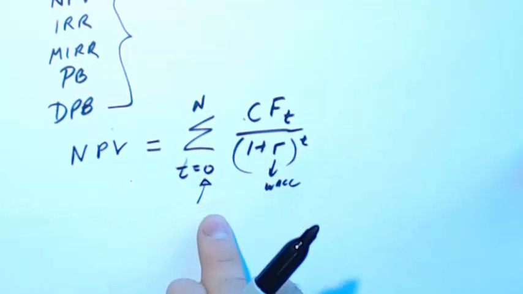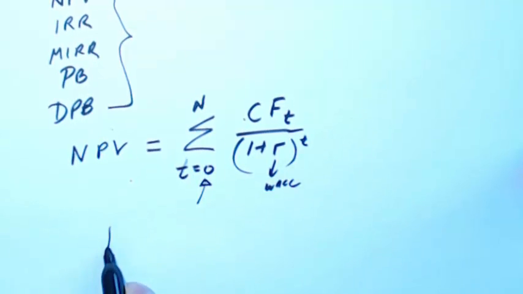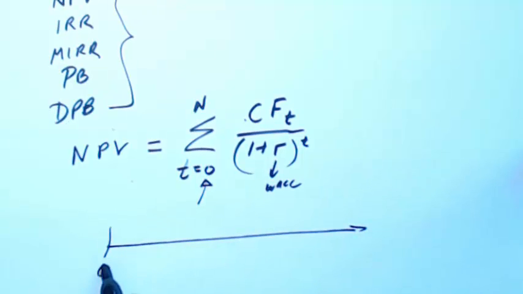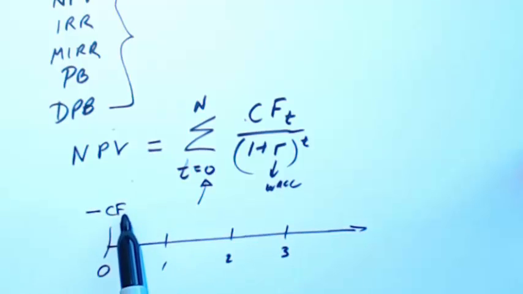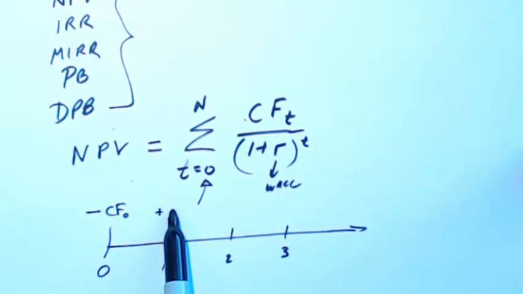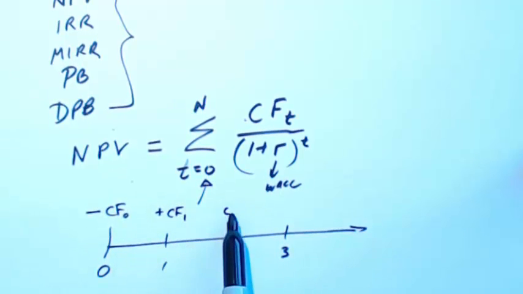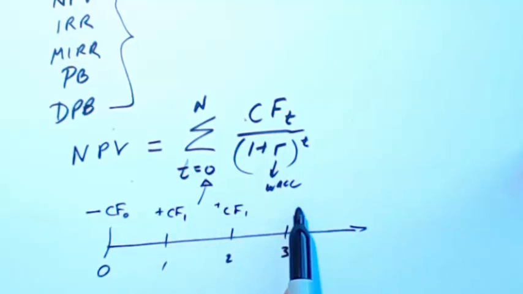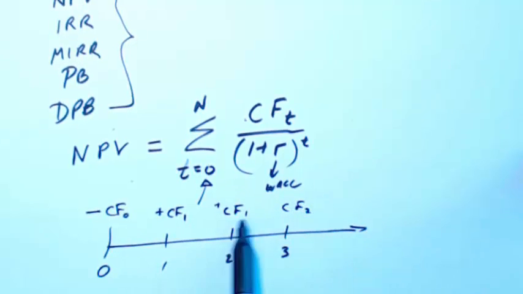It's telling you, starting at time 0, here we have our T1, T2, T3. That's actually T0. We're going to spend some money, a negative cash flow at time 0. Then we're going to have some positive cash flows along the way, at least if we have normal cash flows.